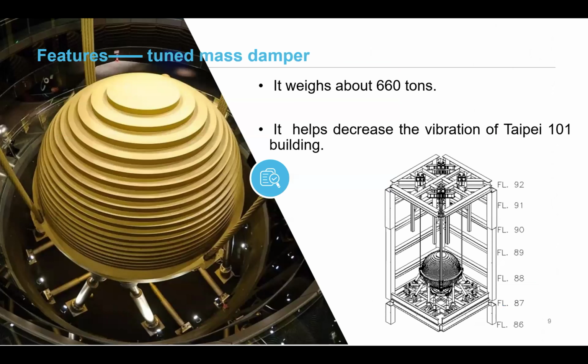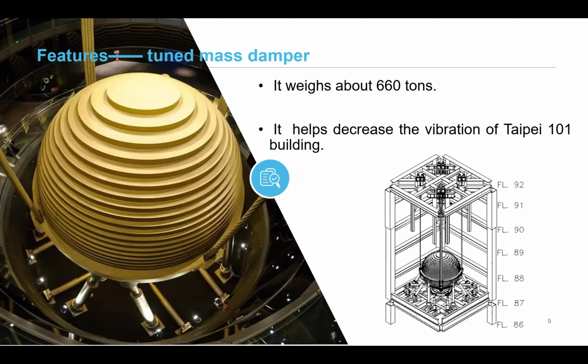Okay, how does such a tall building resist an earthquake? The tuned mass damper, we can call it TMD, plays a big role. This is a TMD. You can see this is a huge steel ball, its diameter is 5.5 meters, and it weighs about 660 tons.